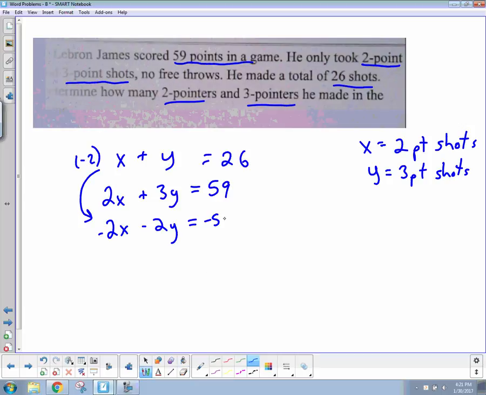Cancel. Let's see, 3 minus 2 is 1, so y equals 7. Oh, that's great. So he took 7 shots. Y was 3 points, so 7 3-point shots.